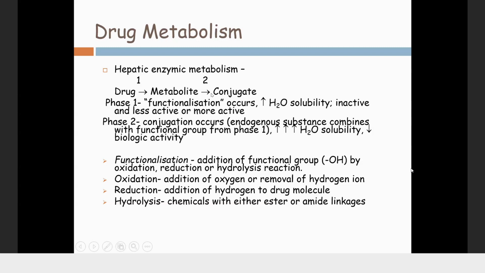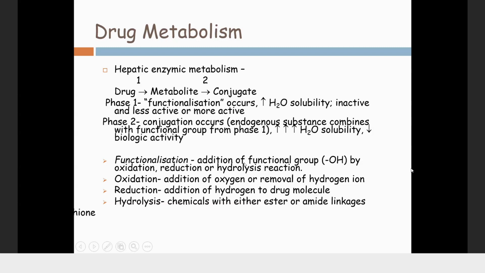Now phase 2. From the metabolite, it will be converted to a conjugate. How does the process happen? In phase 2, the conjugation process occurs. Here the endogenous substances combine with the functional group from phase 1.